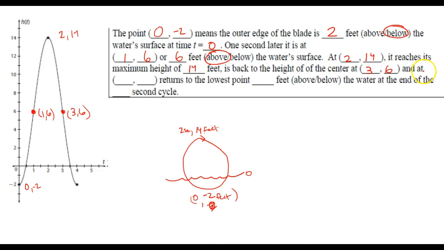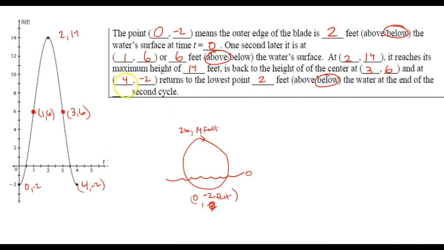Back down at about (3, 6). And then it returns below the water to its lowest point at (4, -2). And its lowest point is 2 feet negative. There's no such thing as negative feet, so is it above or below the water? Below.